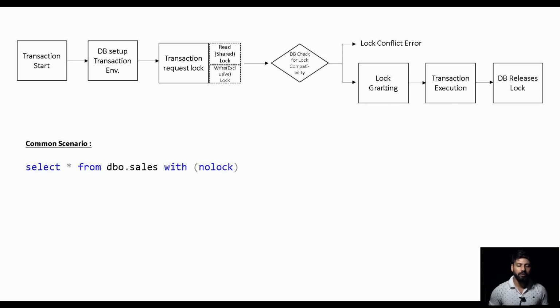Whenever the transaction is completed for both users, the DB will release the lock. Whenever user 1's transaction completes, it will release the lock completely. So this is how the whole locking process of the whole transaction or code execution goes on.